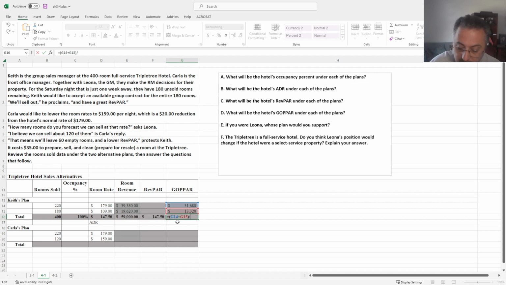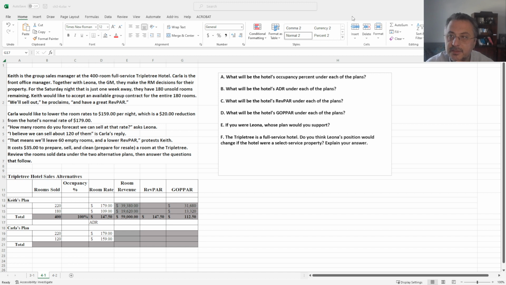And divide by how many rooms we have. So in Kate's plan, RevPAR is going to be $147.50, ADR is going to be $147.50, and gross operating profit per available room is going to be $112.50.